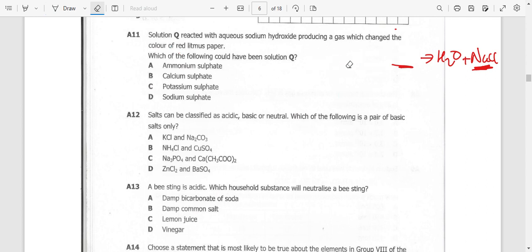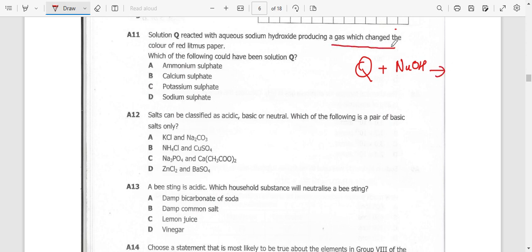Now here you've been told that solution Q reacted with sodium hydroxide. So what is sodium hydroxide? Is it an acid or a base? It's a base. Now we've been told that Q reacted with sodium hydroxide, producing a gas which changed the color of the litmus paper.